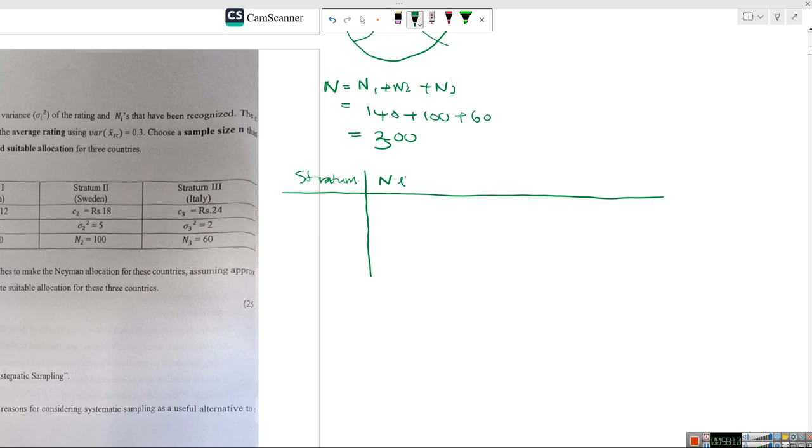Ci is given. Si squared is given. And Ci is also given.